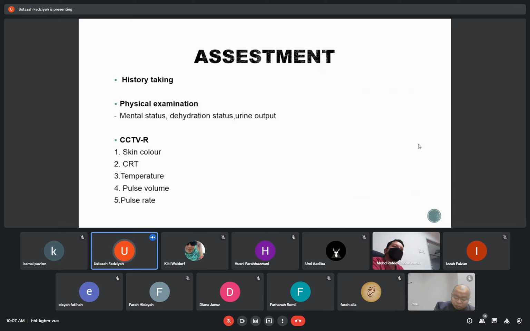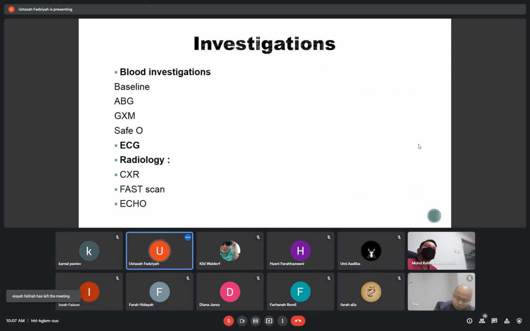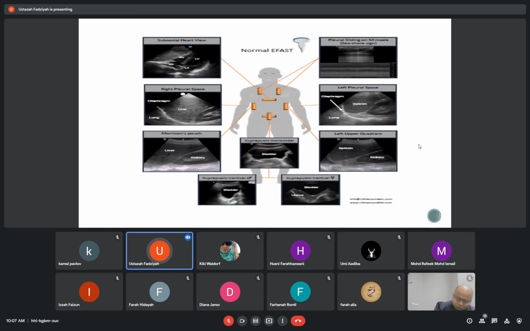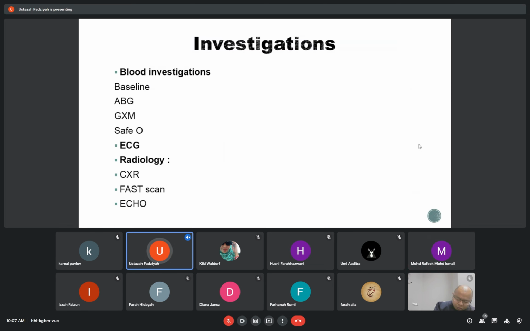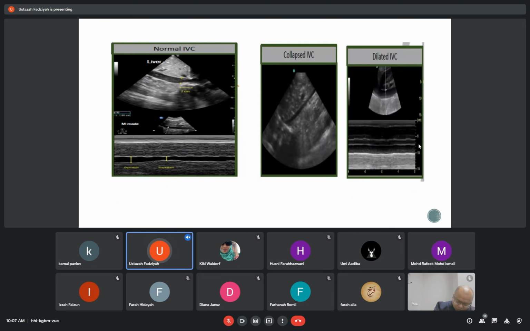So investigation, we can do a baseline, ABG, GSM, and if needed, we can proceed with CO in class 3 and above lah. And then we can do ECG, radiology. So usually we proceed first with the fast scan and then echo and also chest X-ray lah. So this is the overview of the normal EFAST and then we can check for the IVC juga lah.